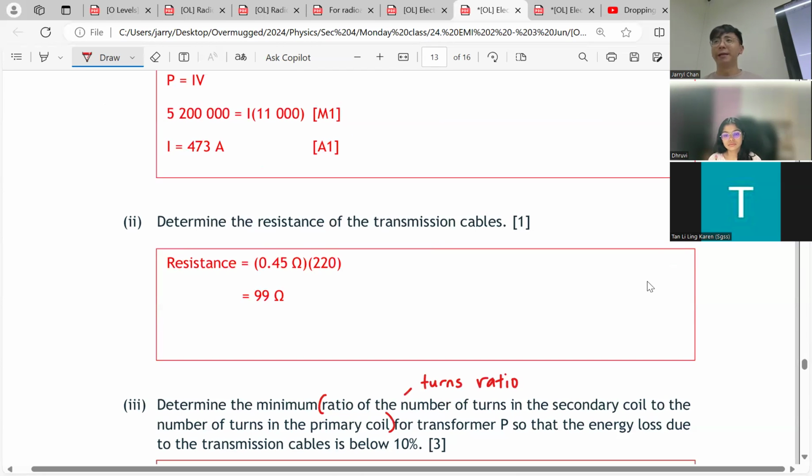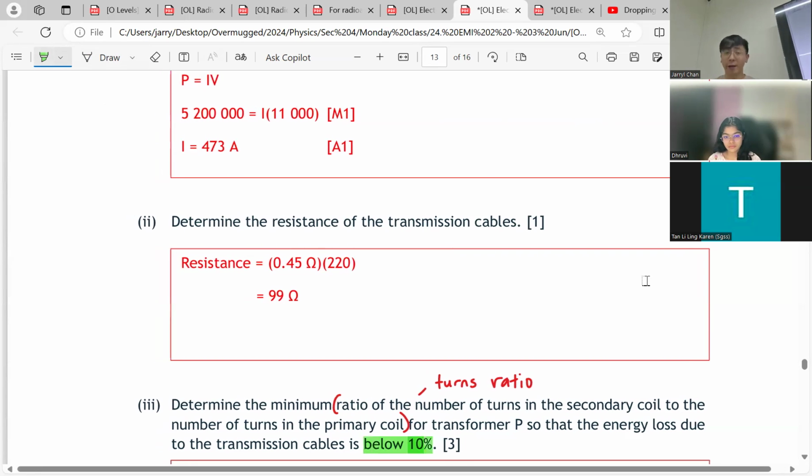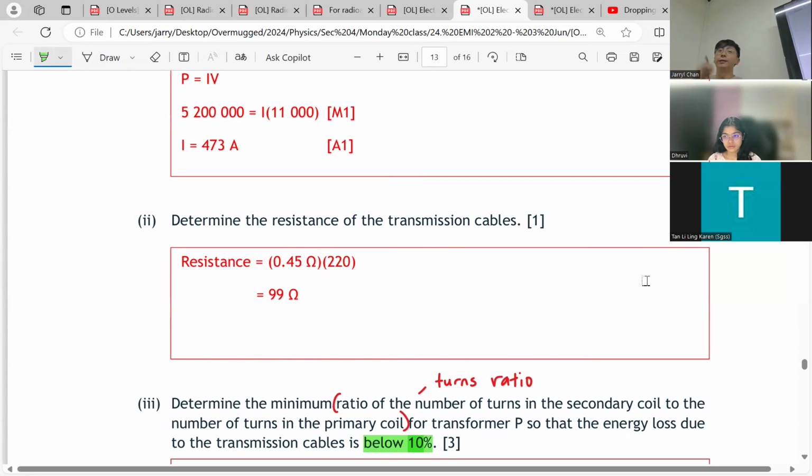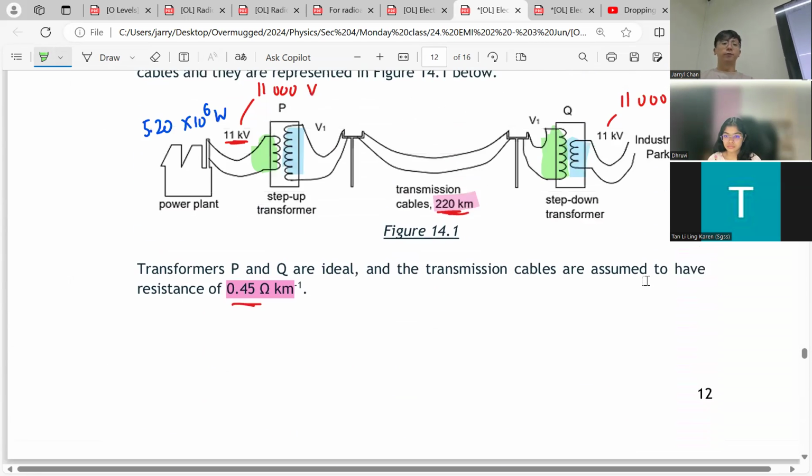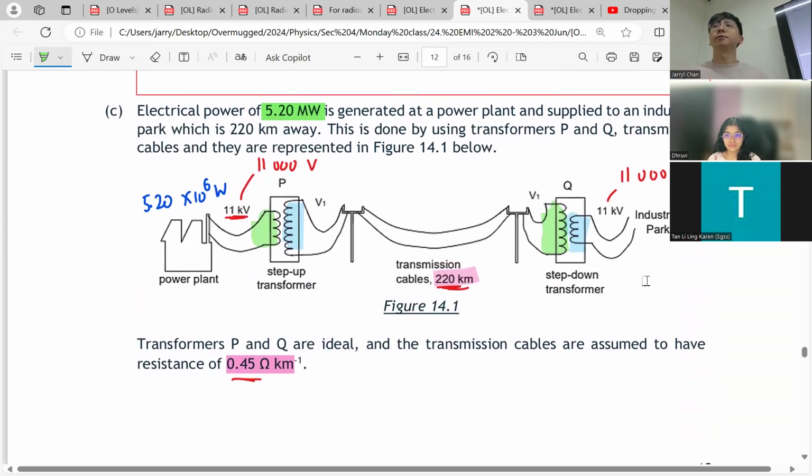Whenever you see questions like that, don't panic. Go to the value first. The question wants me to find below 10%, so whatever you do, you will need to calculate using 10%. The 10% is supposed to help you. Initially, the power of the primary coil was given in the question, 5.2 times 10 to the power 6.